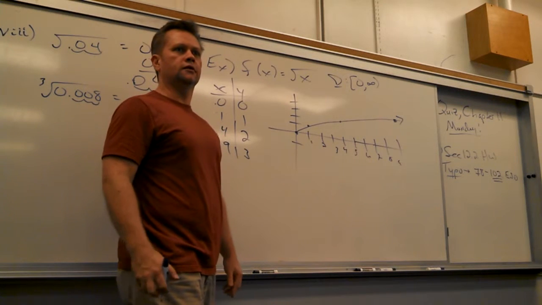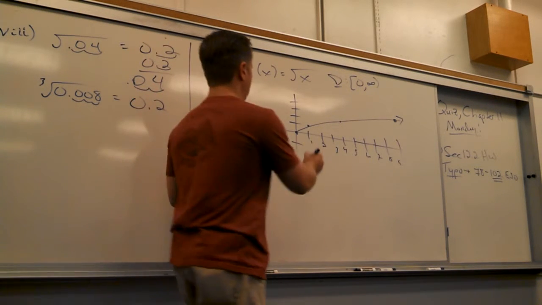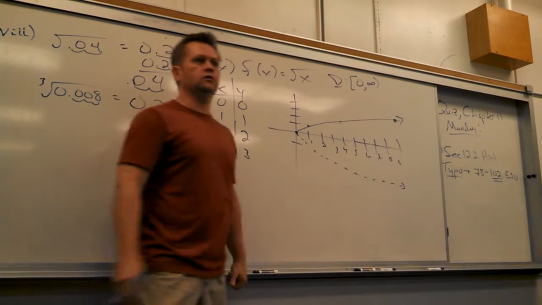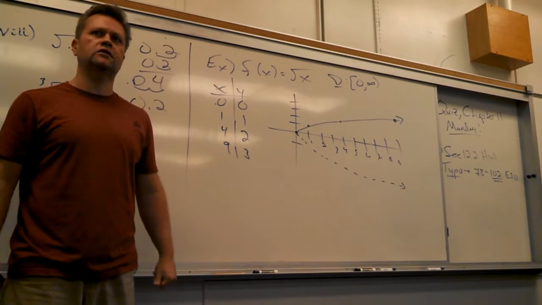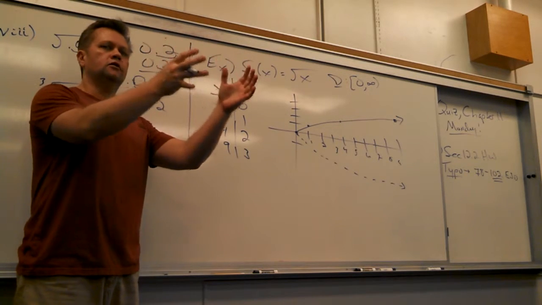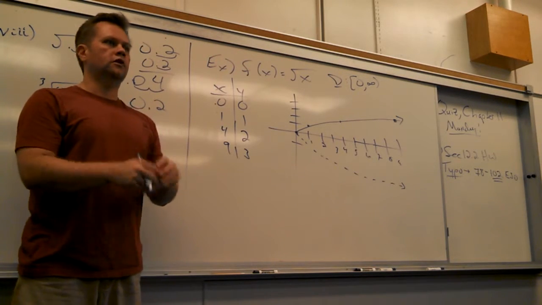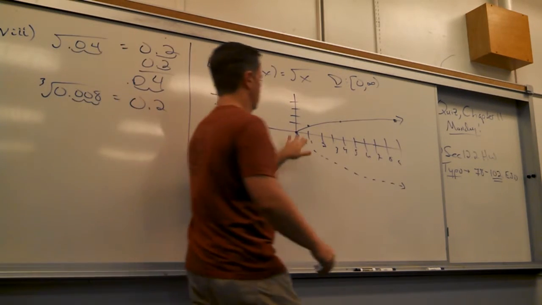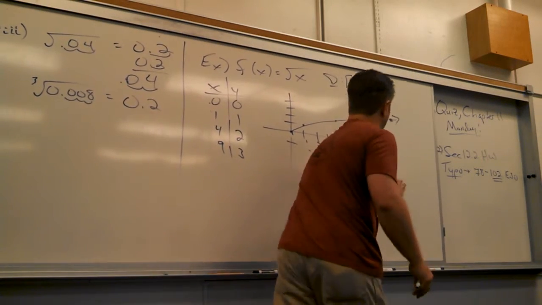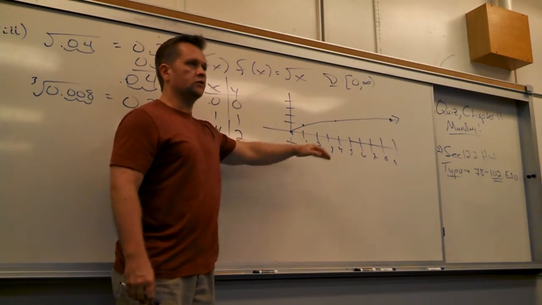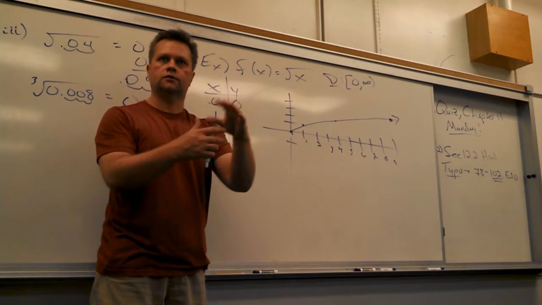Half of a parabola. And why does it make sense? Because the square root is kind of the opposite of squared. So it's like a parabola that fell over and lost its bottom half. And of course it can't be down here, because the square root can't have negative outputs.